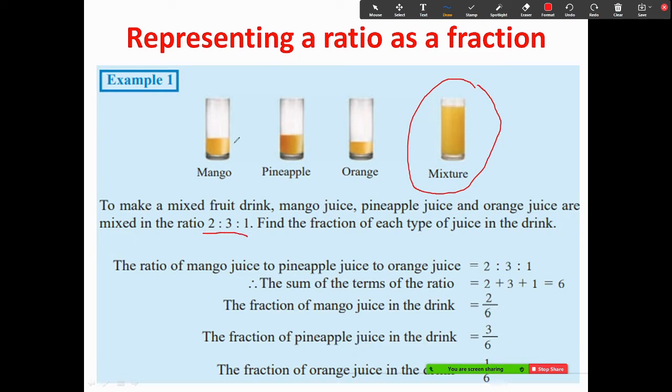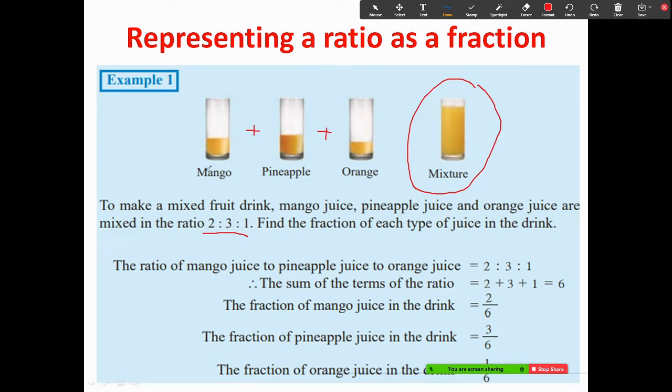Here two parts, here 3 parts, here 1 part. These 2 parts plus these 3 parts plus this 1 part form this mixture. Find the fraction of each type of juice in the drink. The ratio of mango juice to pineapple juice to orange juice is 2 to 3 to 1.